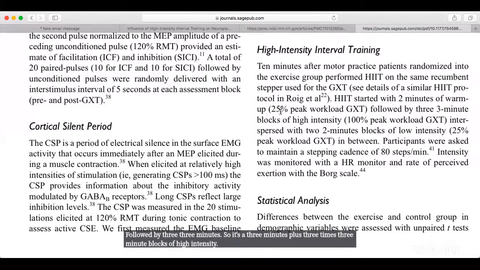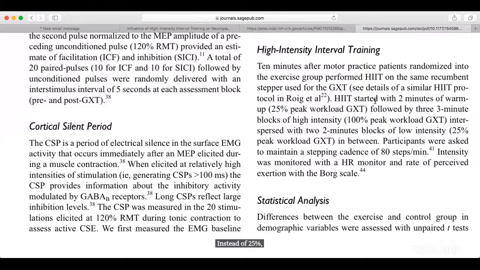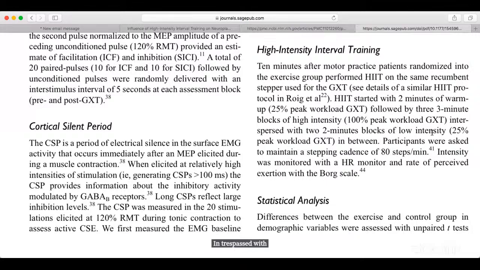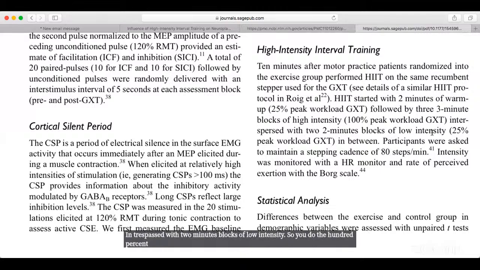Instead of 25%, which was for warm-up, we'll now use 100% peak workload of the GXT. We have already seen above how that GXT is calculated. We'll take 100% of it, interspersed with 2-minute blocks of low intensity. So you do the 100% for 3 minutes, then the 25% for 2 minutes in between.